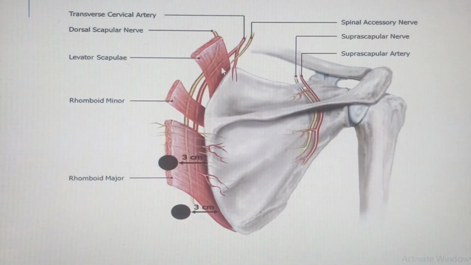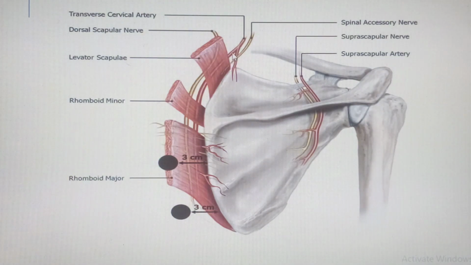If it's coming from that one, then it will be running along the medial border of the scapula in this manner, but running alongside with it will be the transverse cervical artery, or the transverse artery of the neck region. So that is what you have to know.